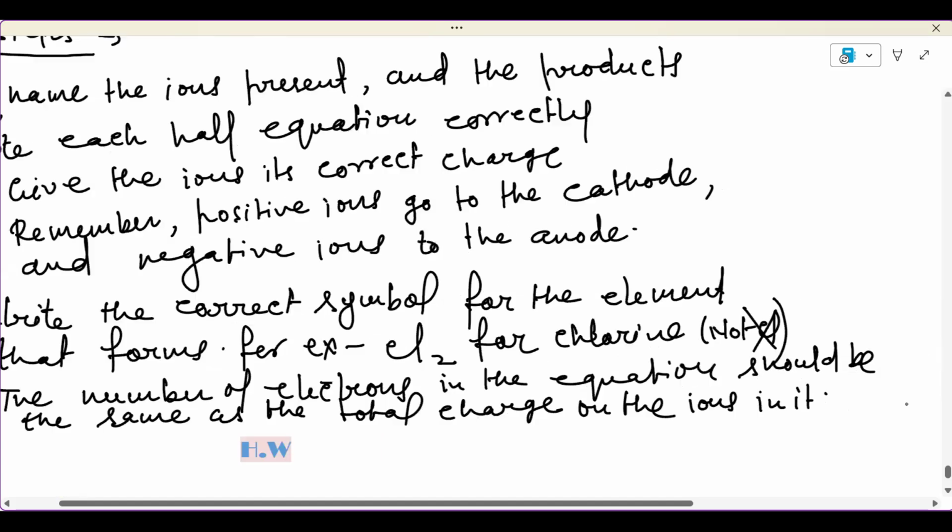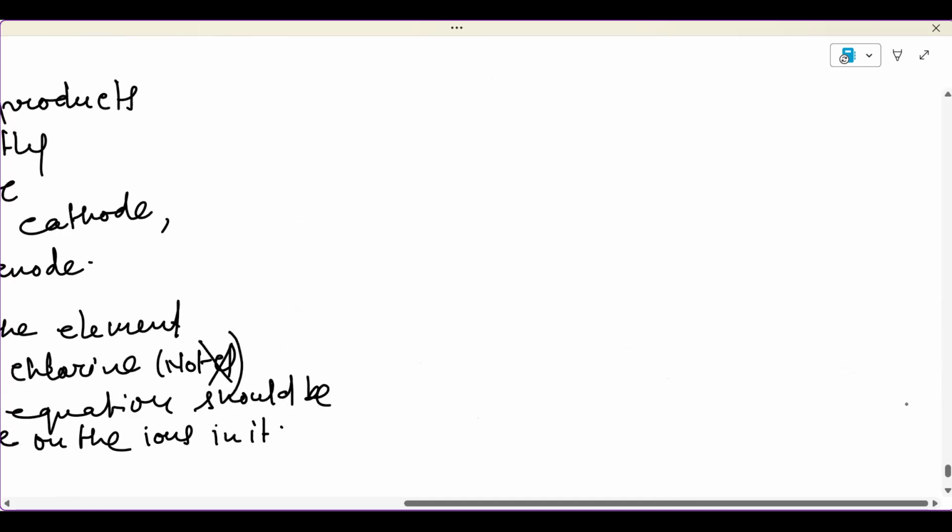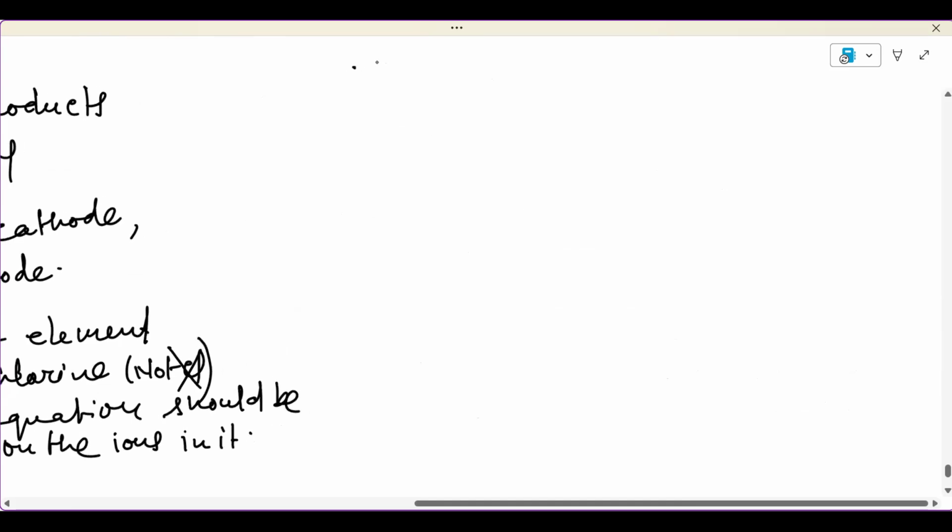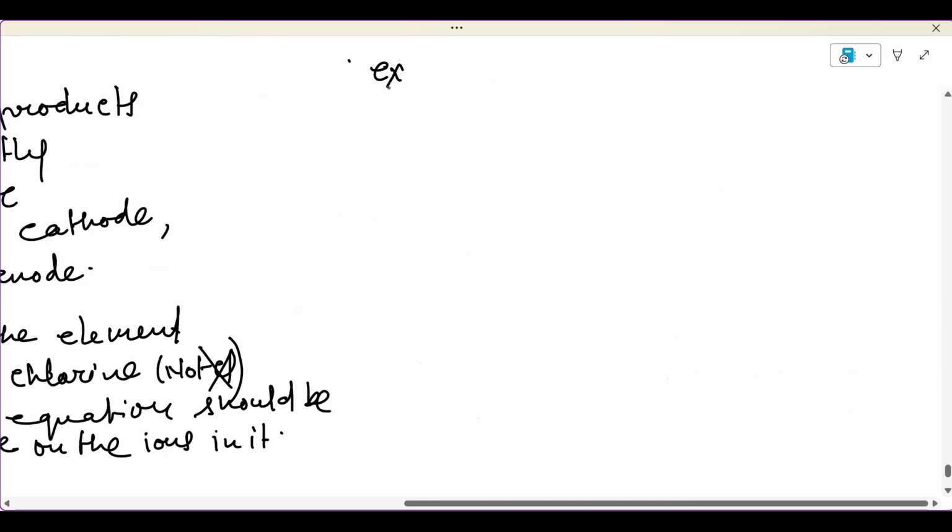Right. Let's take an example. Suppose, electrolysis of molten magnesium chloride.